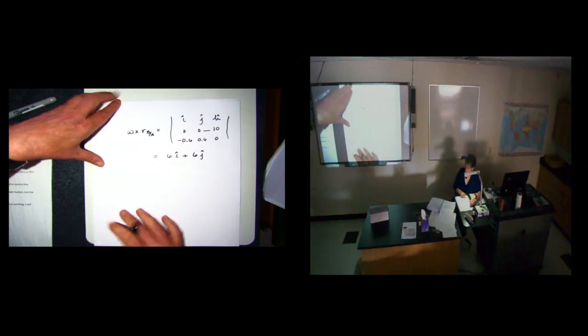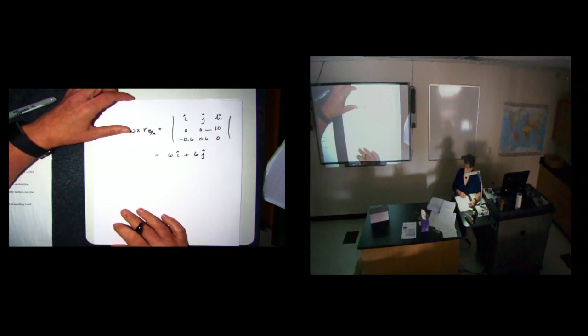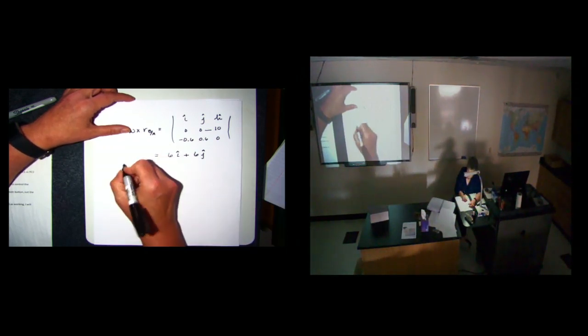Now this is the vector analysis way to do it. There's another way to do it, which is a scalar analysis way. If I do it with my scalar analysis, I end up looking at a triangle that looks like this.